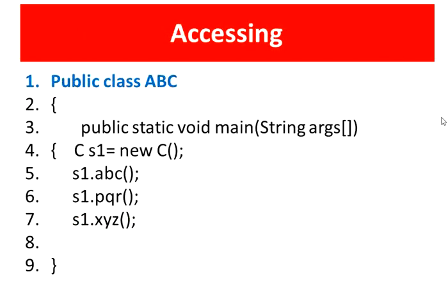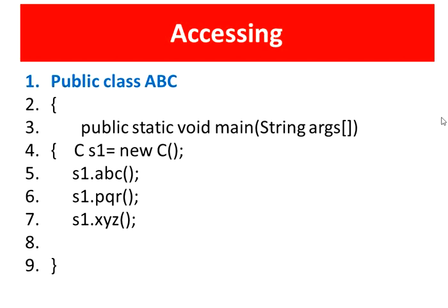Now we have created a main class ABC. In this main class there is a main method, and inside the main method we have created an object for class C. Now the object for class C is created by writing the statement C S1 equals new C. Then using this object we will try to access three methods ABC, PQR and XYZ. Now XYZ is a method of its own class, so definitely S1 has access to method XYZ.